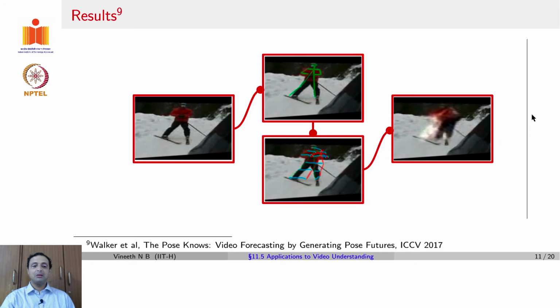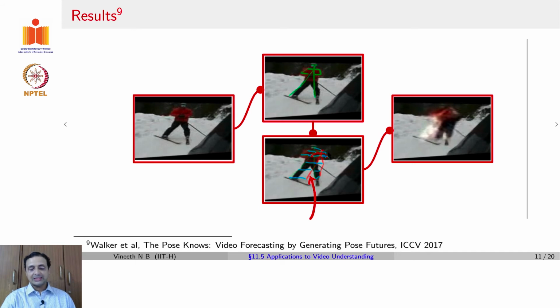Here is an example of a person skiing on a snowy slope. You can see the pose skeleton here and the predicted movement here. So these blue lines represent optical flow or the velocities at each of those joint locations, which also tells us, if you see this red skeleton, that's the skeleton where the person moves to from this green skeleton in the current location.